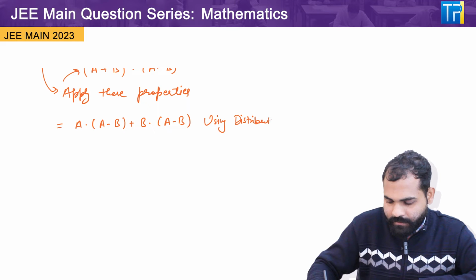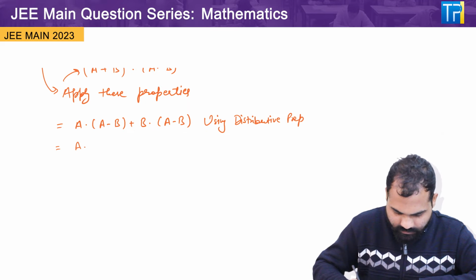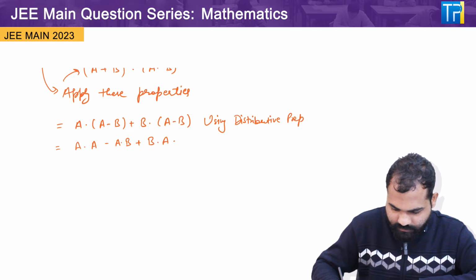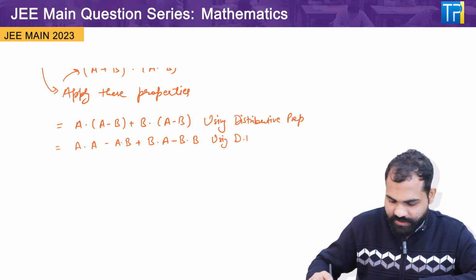distributive property. Okay, and if we solve this, then we have a dot a minus a dot b plus b dot a minus b dot b, again by using the distributive property.